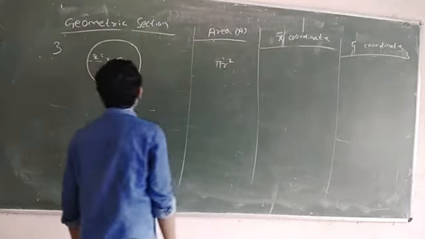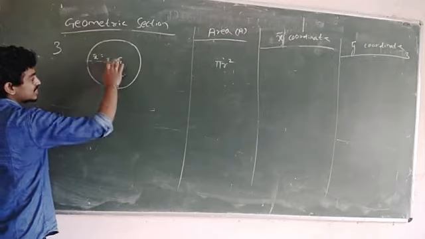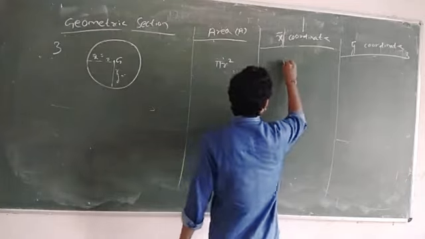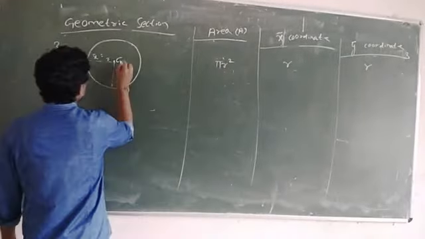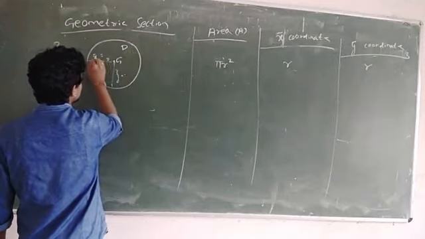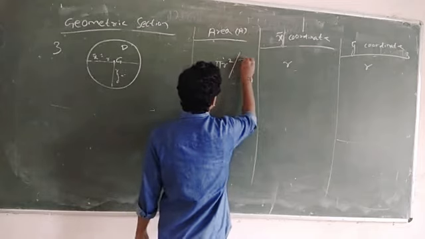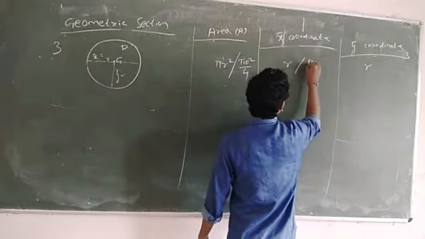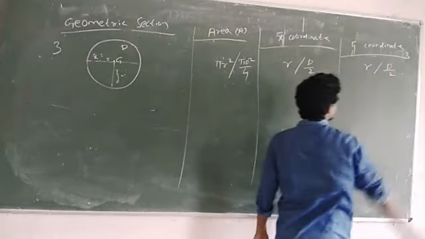Now to calculate the x coordinate and y coordinate, this will be the radius and this will also be the radius. So you can mention the x coordinate is r or d by 2. I am writing both, supposing the diameter of that section is d. So the area is pi d square by 4, and x bar and y bar are d by 2 and d by 2.